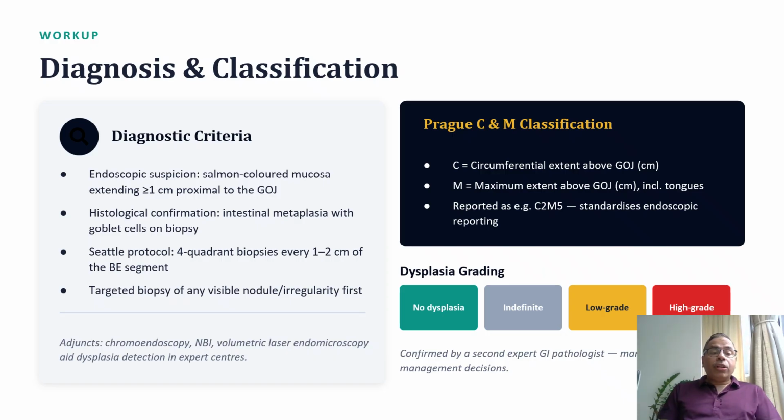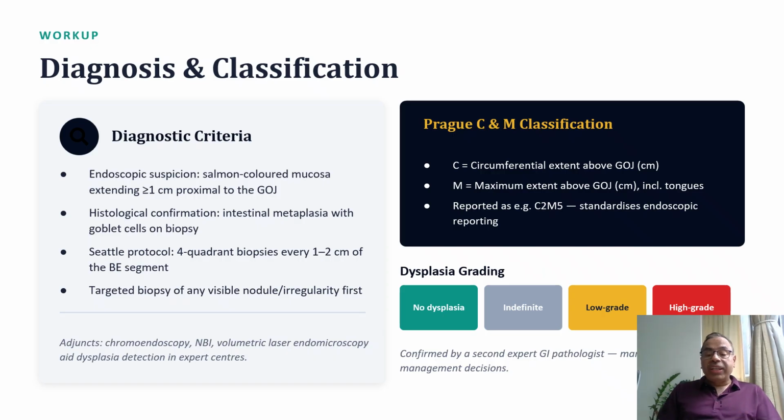Number three, always follow the Seattle protocol. What is the Seattle protocol in Barrett's esophagus? It's nothing but four quadrant biopsies every 1 to 2 centimeters of the Barrett's esophagus segment. So that means you take a biopsy from the four quadrants every 1 to 2 centimeters of the suspected Barrett's esophagus segment.